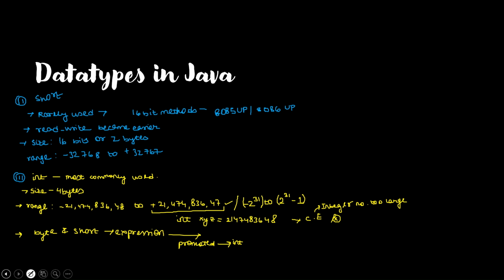Therefore, int is often the best choice when an integer is needed. You could definitely think about using byte and short in an expression, but the best choice for an integer is the int data type.